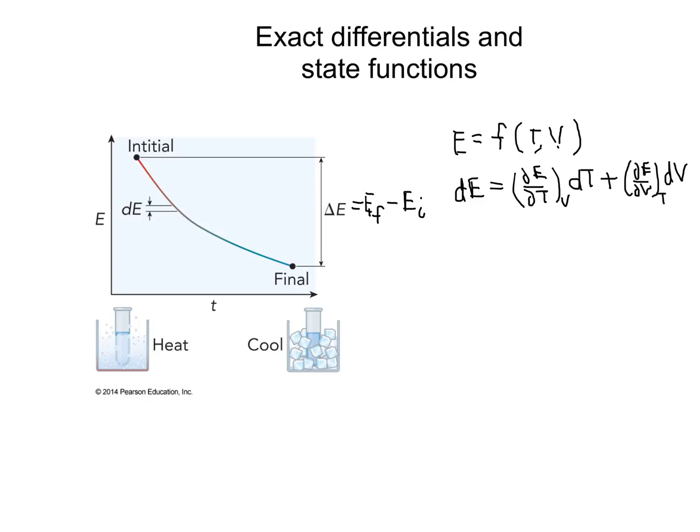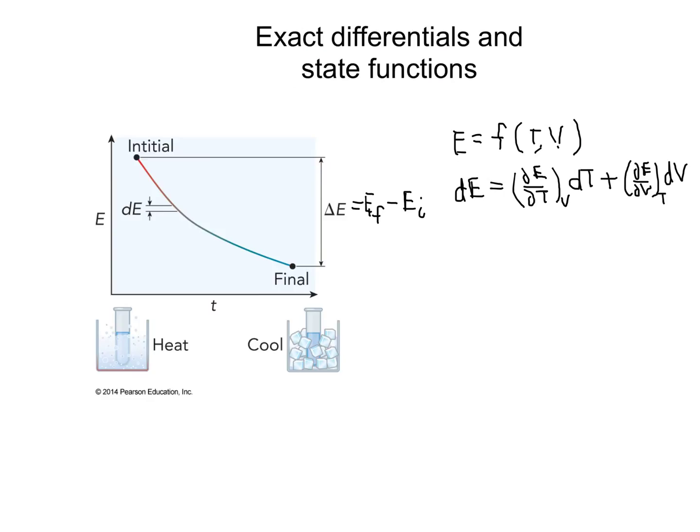This is because the change with respect to temperature tells only part of the story of the entire change in the energy, and we need to include the change with respect to the volume in order to get the full picture of how the energy has changed. Therefore, we have partial derivatives to tell us about part of the total change in the energy.